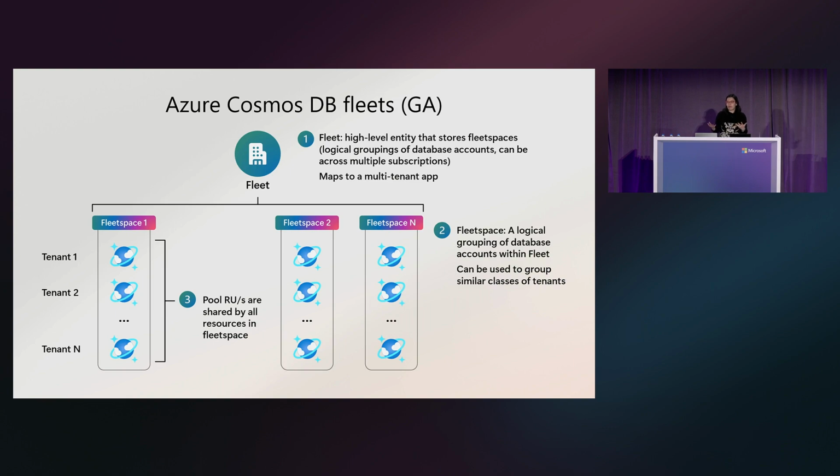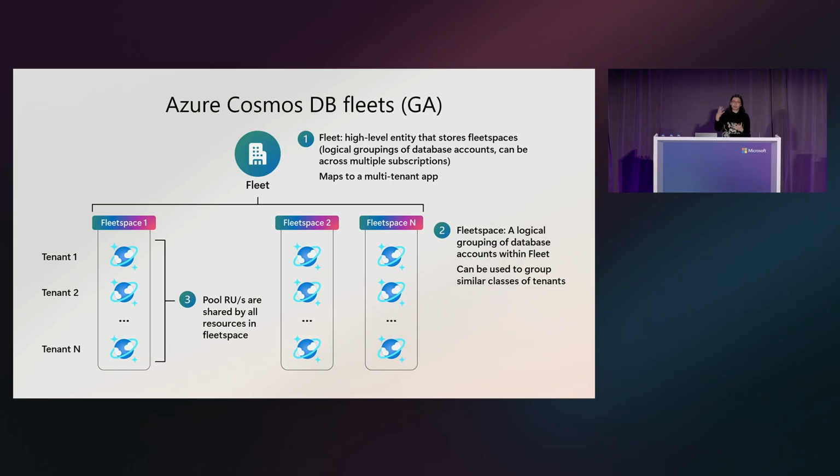So typically, if you have similar kinds of tenants or CosmosDB database accounts that need the same performance characteristics, for example, you might have a free tier set of customers who you don't really need to worry about their performance too much, and you might have a set of your enterprise customers who've actually signed contracts where you still want to get cost efficiency of sharing throughput, but you'll probably want to have more pool throughput for those customers.